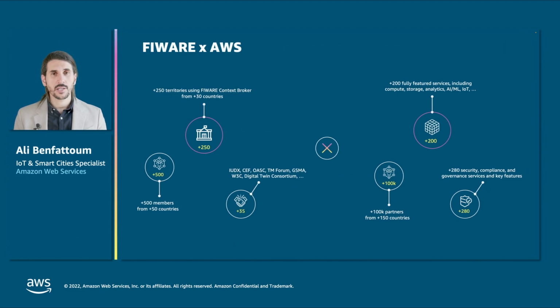Over 250 territories from more than 30 countries have implemented solutions and platforms based on the open source Fiware Context Broker. It is promoted by industry associations and government bodies like the India Urban Data Exchange, which is an initiative of the government of India, the European Commission via its Connecting Europe Facility program, the Open and Agile Smart Cities network gathering more than 150 cities worldwide, the GSMA, the industry body that represents the interests of mobile operators, as well as the Web of Things and the Digital Twin Consortium.